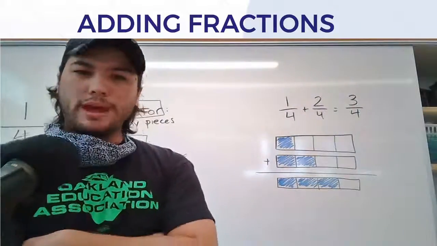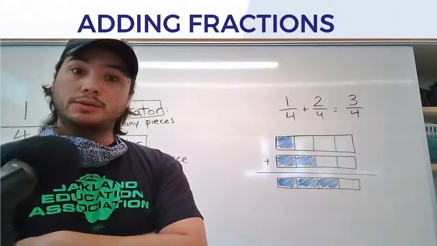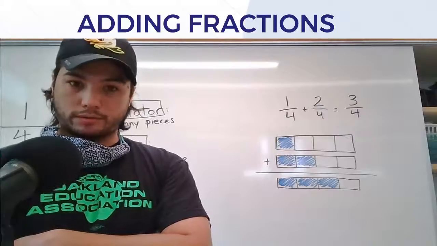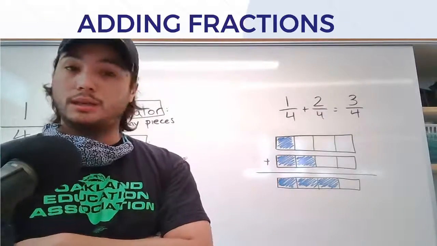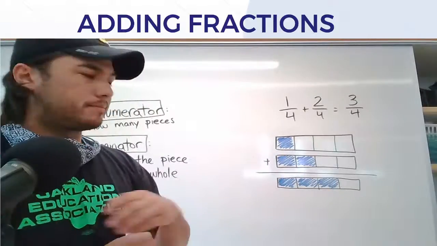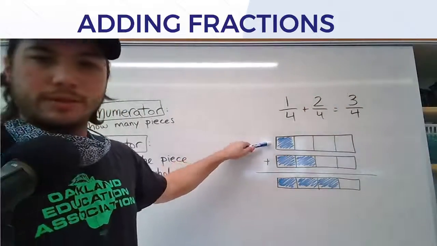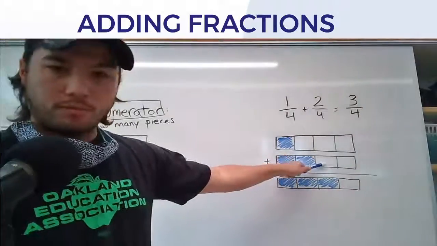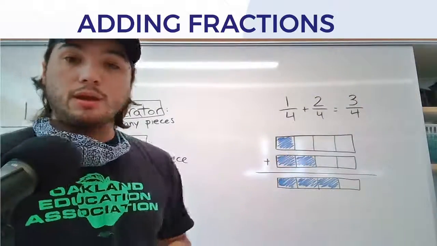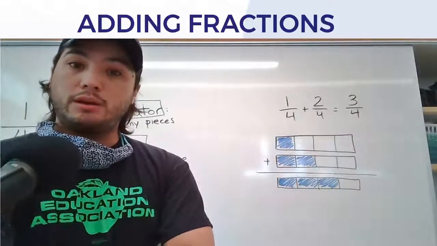Okay, what we have here is 1/4 plus 2/4 equals 3/4. And we can really see clearly in our visual that, yeah, that makes sense. That one piece really can just move to this open spot, right? And we end up with 3 pieces total, or 3/4.